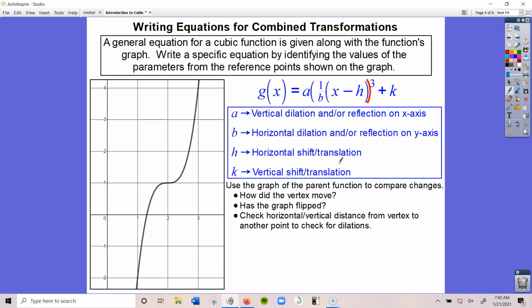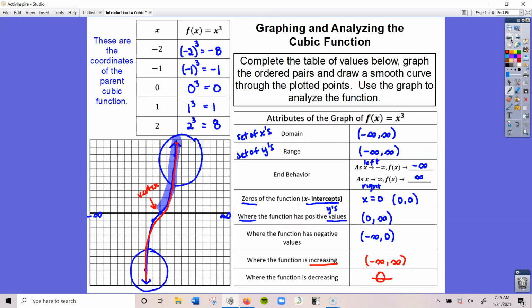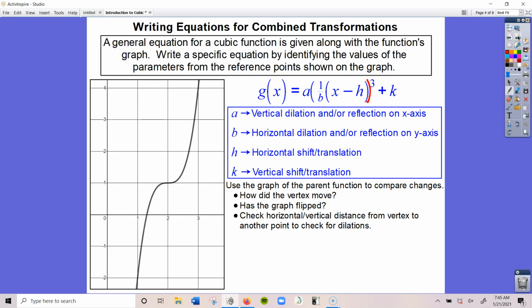So in order to be able to write the equation, we need to examine what kinds of transformations took place on this graph. And so I have here these 3 questions that you can ask yourself in order to figure this out. First, we look at how did the vertex move? Remembering that when we look at the first slide here, I had indicated that the vertex is that point right in the middle of the graph. So that 0, 0. So we're looking at the same thing here.